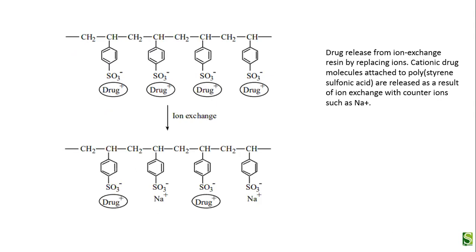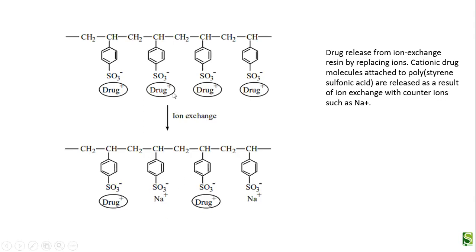Now when you give this type of dosage form to the patient, what is going to happen? The cations which are present inside the body, like sodium and potassium, are positively charged. So they will reach that site, and they will displace this drug molecule, and they themselves will get bound to this sulfonic acid moiety.